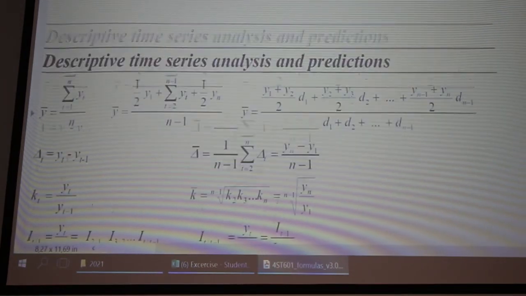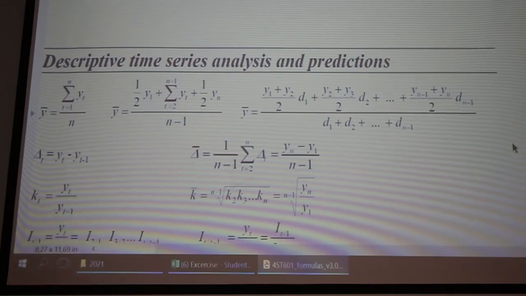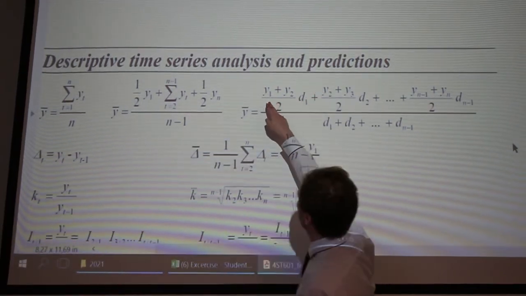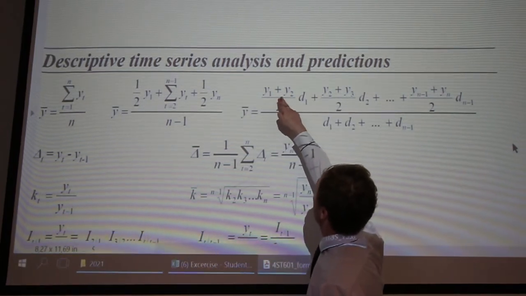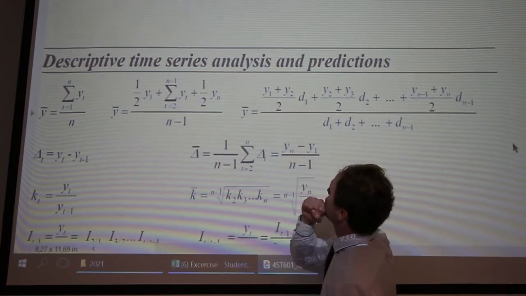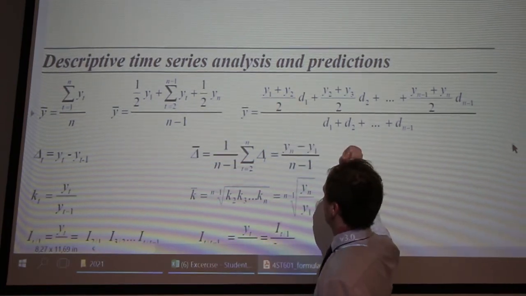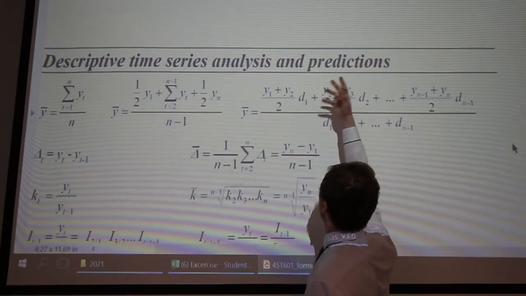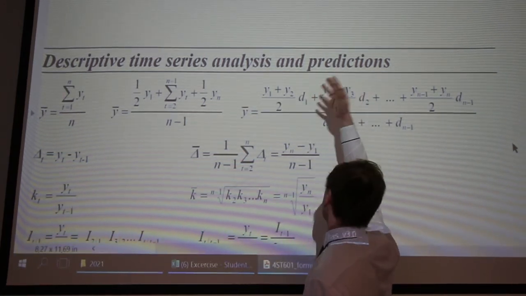here. Yes. Okay, so y at time t equal to 1 plus y at time t equal to 2. So first observation plus second observation divided by 2, yes, weighted by number of days. And we will continue.